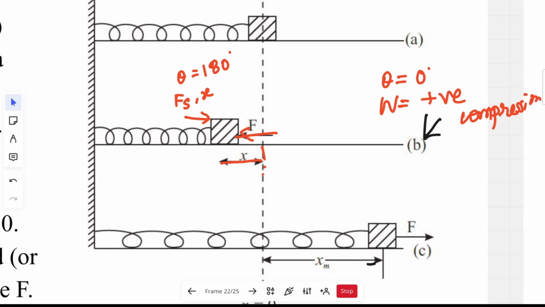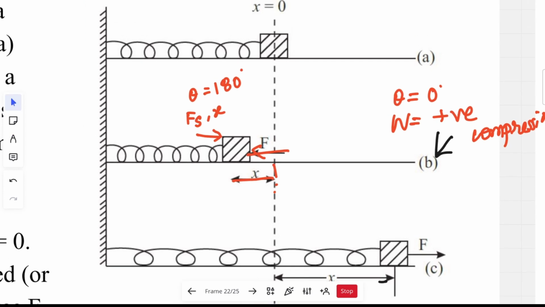So if you observe the same compression, the work done by the external force is positive, whereas the work done by the spring force is negative.